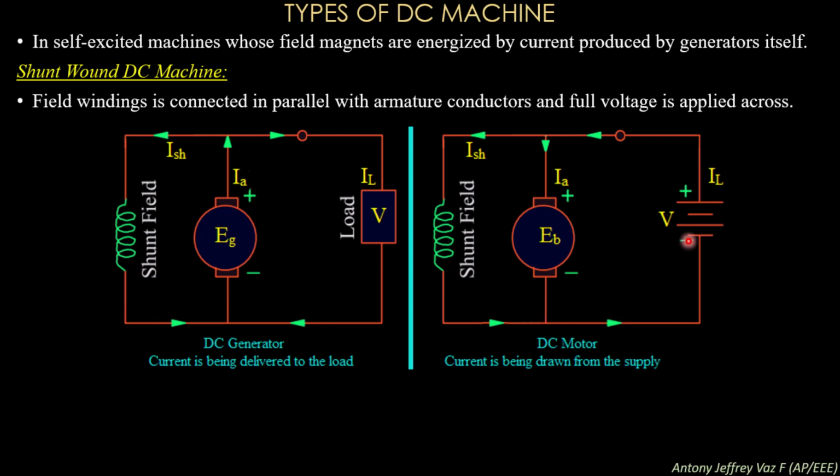Similarly, the battery is used to supply power to the motor, whereas in this configuration the generated EMF, EG, is present. You can see the DC generator is delivering current IL to the load. So both the machines are the same.